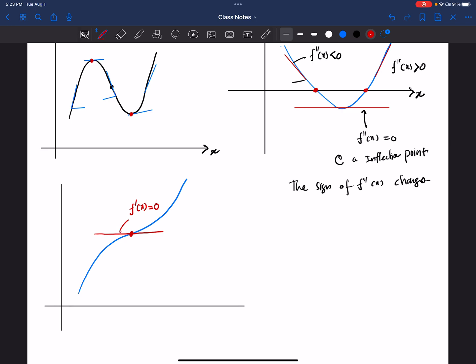But now f prime of x is positive here, and again it is positive here as well. Now let's see, this is a special case.